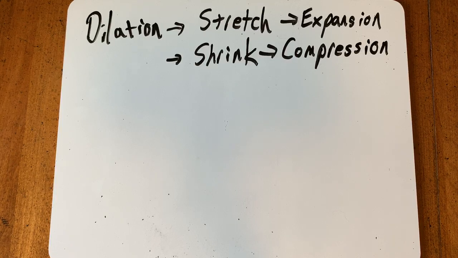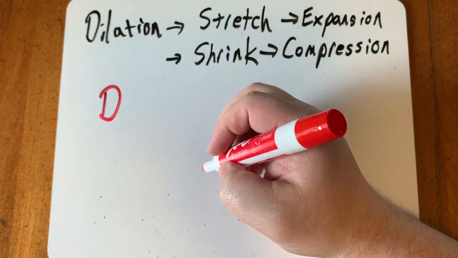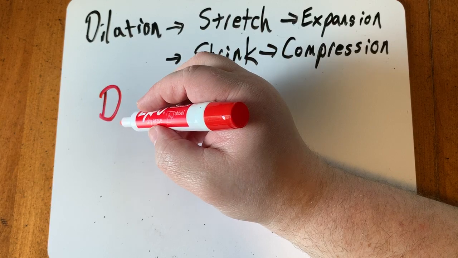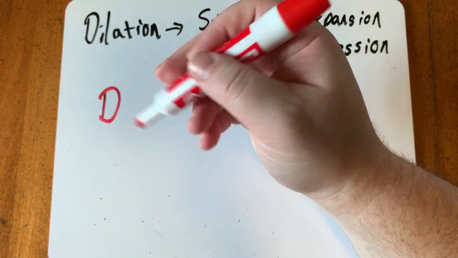All right. So our shorthand for translation was a T, for rotation was a capital R, for reflection was a lowercase r. It is a D for dilation. And our dilation subscript is what the factor of dilation is.